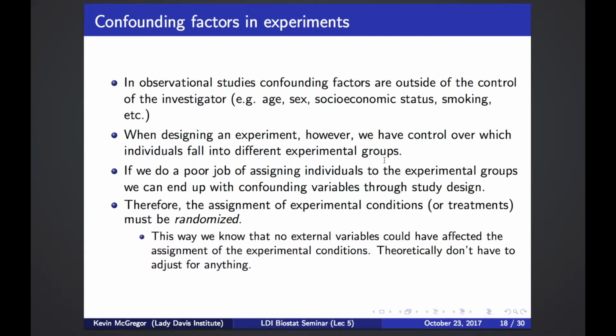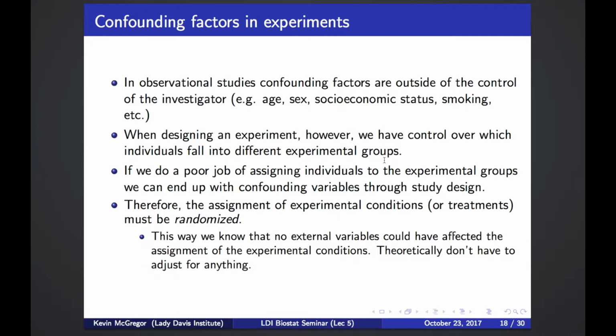Okay, so this whole talk about confounding factors was more in the realm of observational studies. In observational studies, these things are usually outside of our control. These things might be age, sex, socioeconomic status, and smoking. These are common things if you're looking at humans.